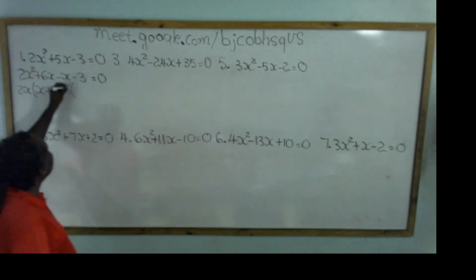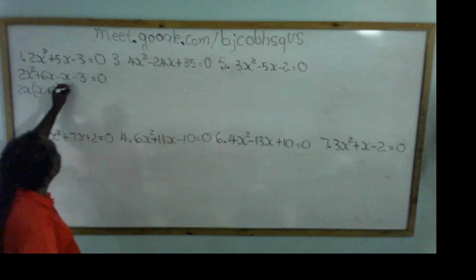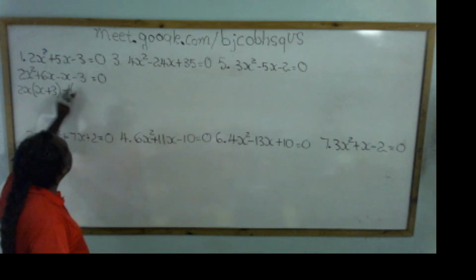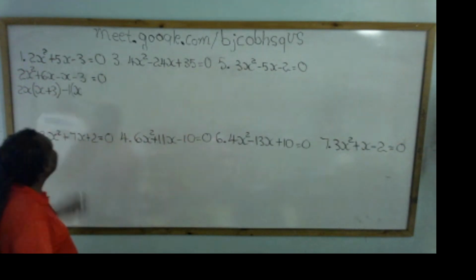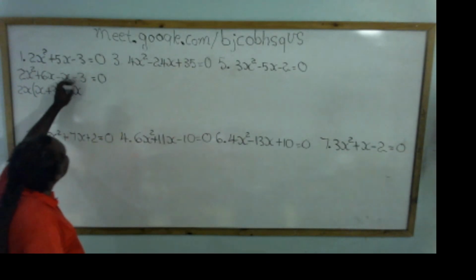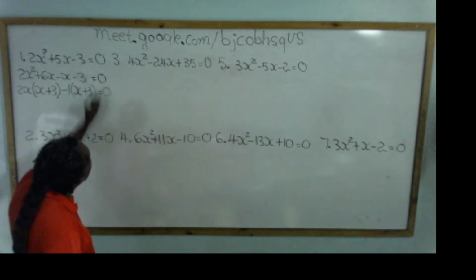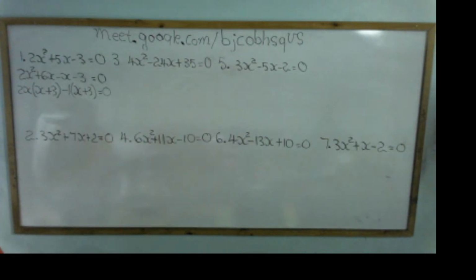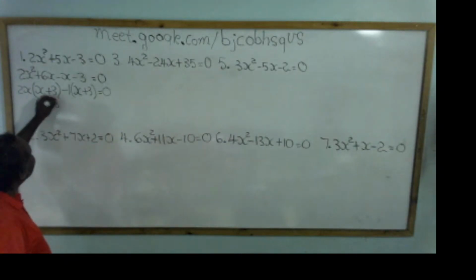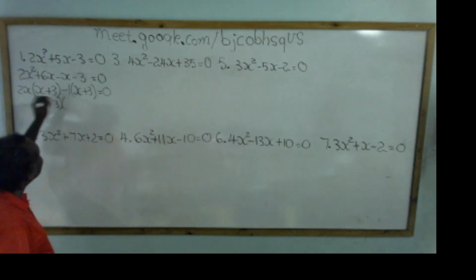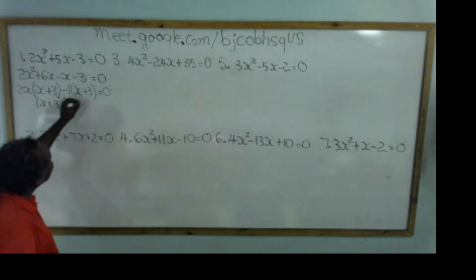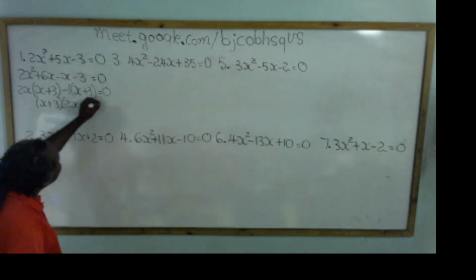Do not forget that when we are dividing, negative into negative is positive. And we'll finish up by saying the highest common factor is x plus 3 and the other factor is 2x minus 1 equals 0.